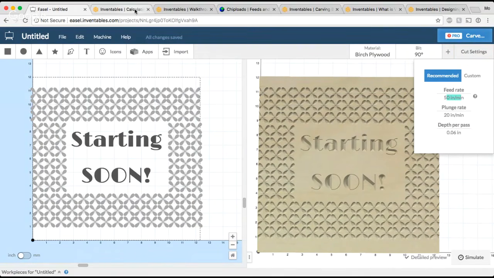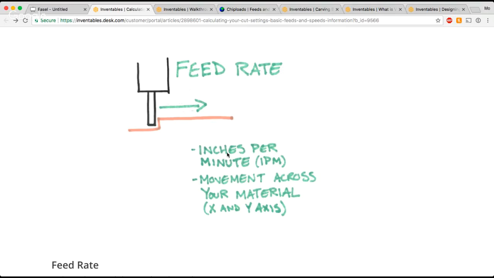That's basically what that measurement is, how quickly along in the X and Y direction the bit is moving. Now, one thing to keep in mind is that feed rate is independent of how fast your bit itself is rotating. It's strictly X and Y movements.